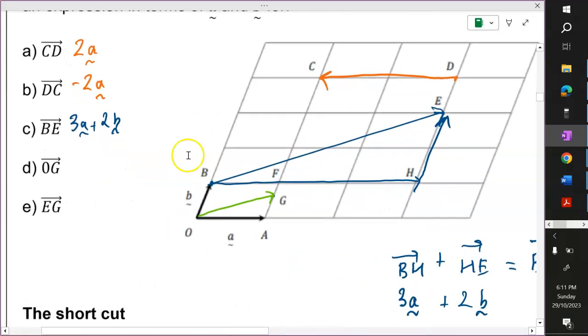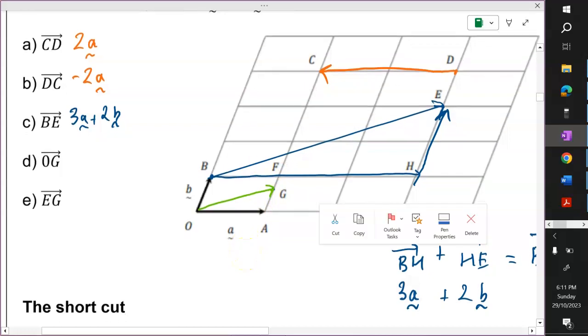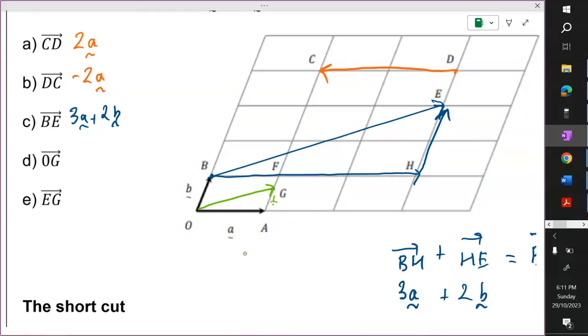G is the midpoint of A and F. So what we've got happening there is half a vector B there and half a vector B there. And half a vector B and half a vector B make a whole vector B, and that's what our AF is. But we want to have OG.